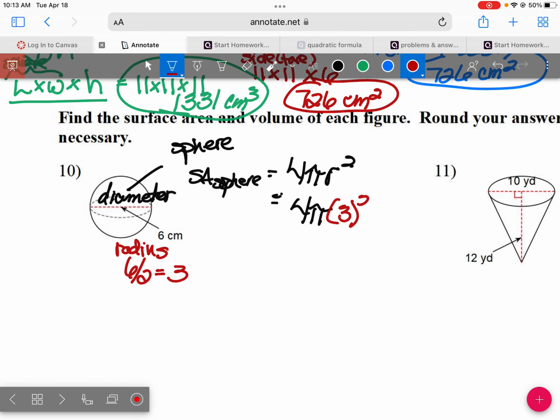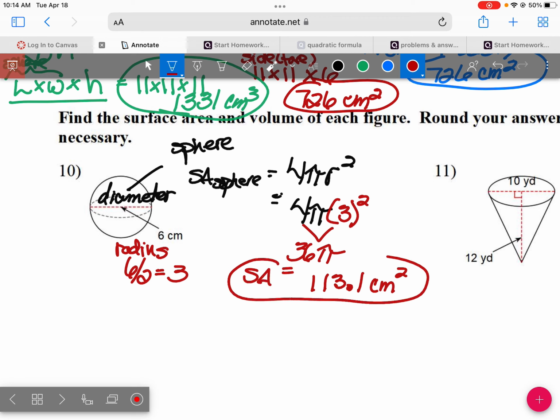So 3 squared is 9. 9 times 4 is 36 pi. So 36 pi is 113.1 centimeters squared. That is the surface area.